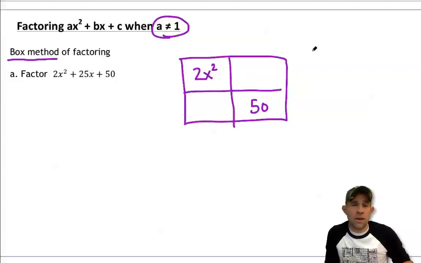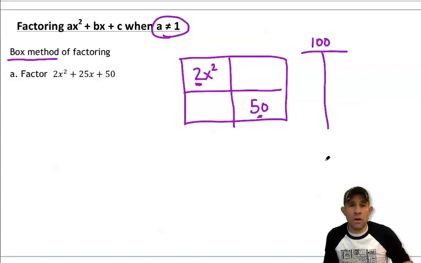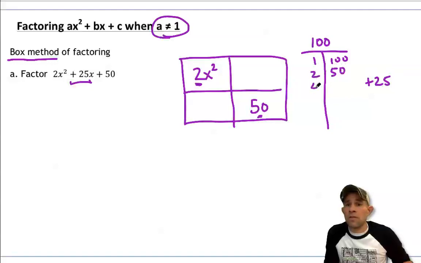However, when it comes to finding factors, we want factors of our leading coefficient times our constant term. So that's 2 times 50, and that gives me 100. So now I'm looking for factors of 100 that will combine to give me positive 25. All right, so let's list out our factors of 100. We have 1 and 100, 2 and 50, 4 and 25, and 5 and 20.